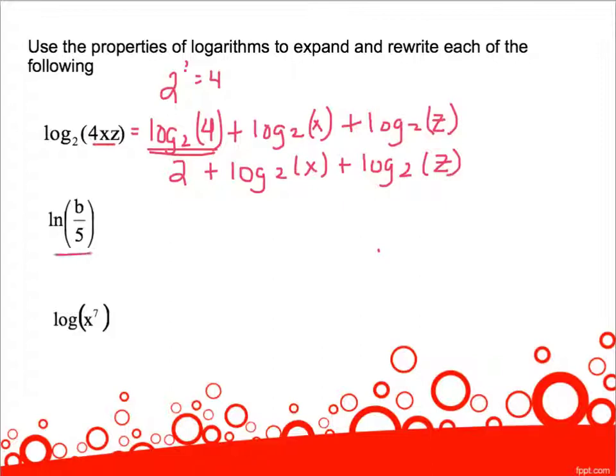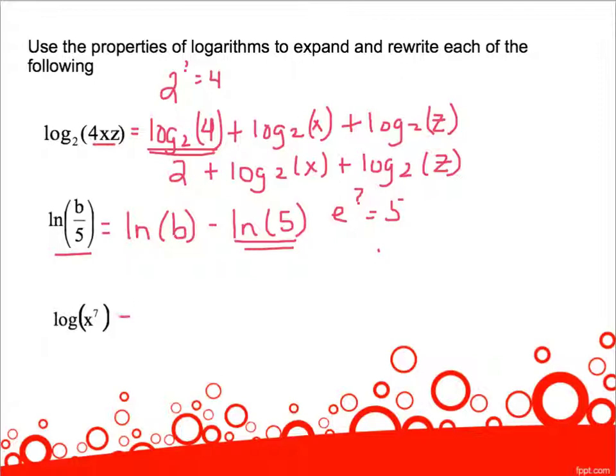In our next problem, we have a division problem. So we can rewrite this as the natural log of b minus the natural log of 5, because our property says when we have division, we can rewrite it as subtraction. I'm not responsible for knowing the natural log of 5 without a calculator, because that means e to the what equals 5, and we're not supposed to know that off the top of our head, so we would just leave it like that.